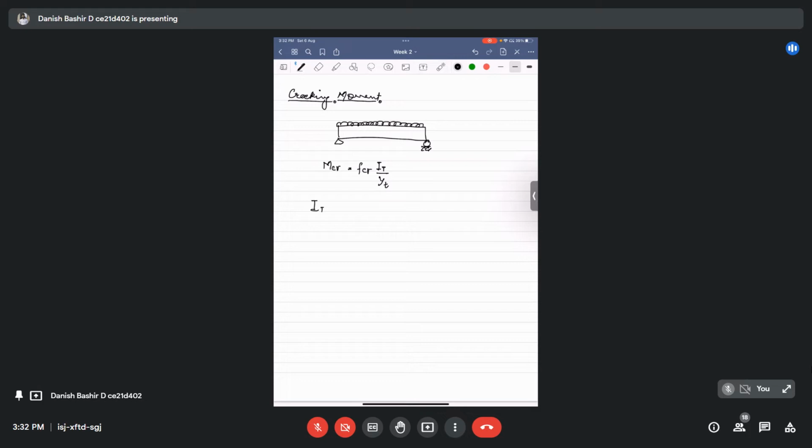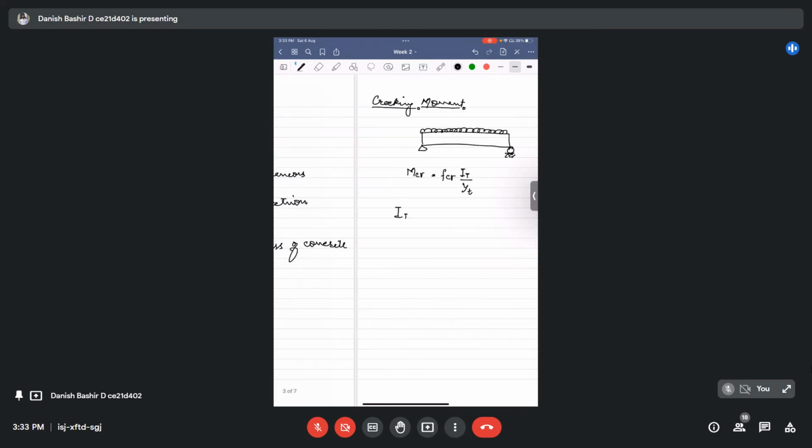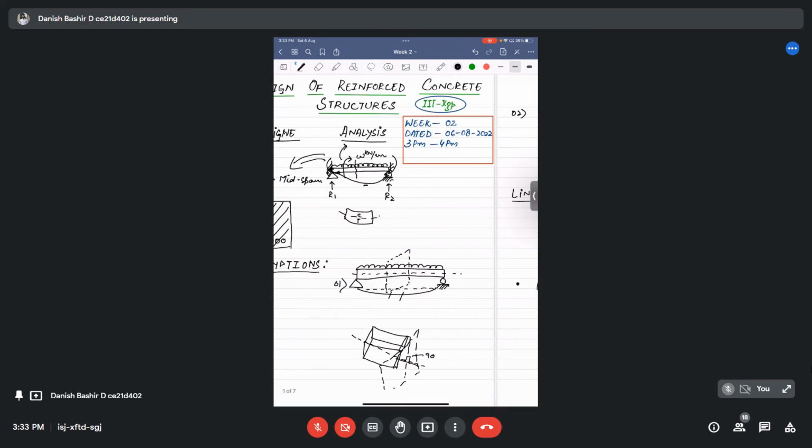IT is the second moment of area when we transform it, and YT is the depth to the extreme fiber. FCR is the modulus of rupture. These will be the basic equations that we will be using in our problem.